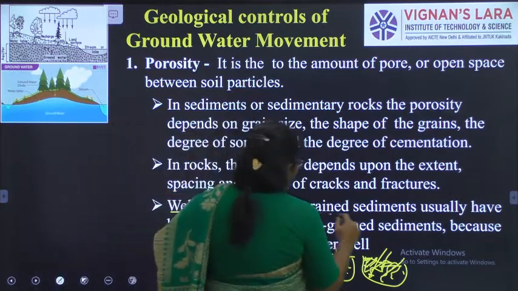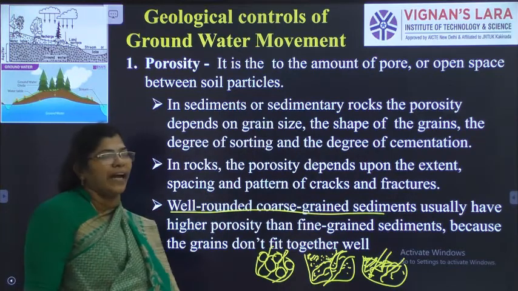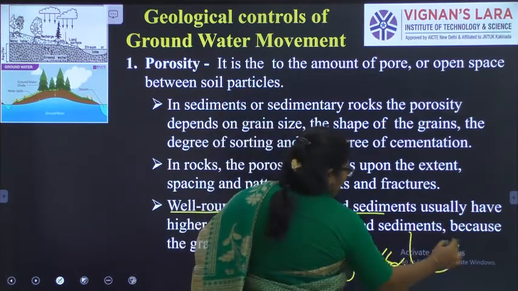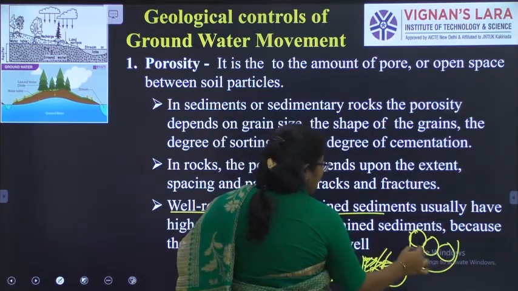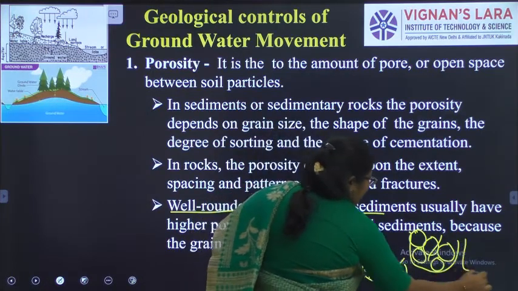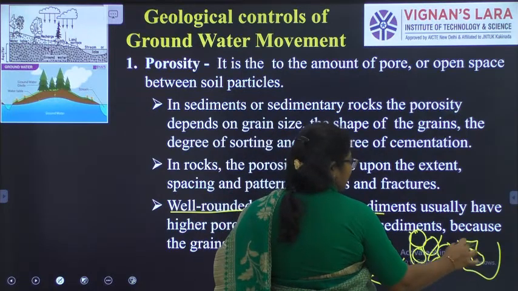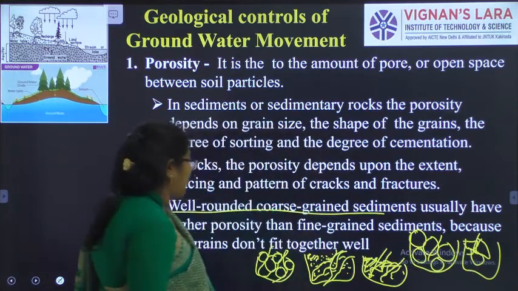Well-rounded, coarse-grained sediments usually have higher porosity, because if grains are uniformly rounded they will not have sufficient space. But if they have irregular shapes, one will be like this, another like this, so the pores can be controlled.